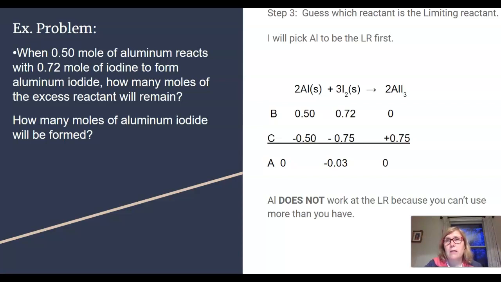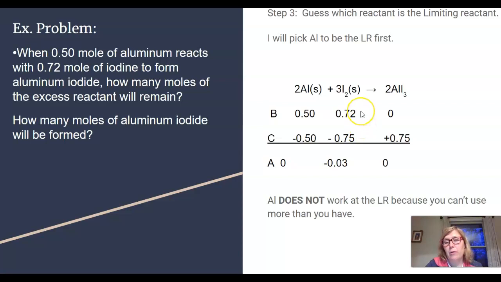Now, this is how I think of the before line. The before line is like what's in my pantry. So I have 0.5 moles of aluminum and I have 0.72 moles of iodine. Not really, but you know what I'm talking about. But the problem is the change line tells you what you actually need to have for the reaction to progress. Well, I need 0.75 moles of iodine.